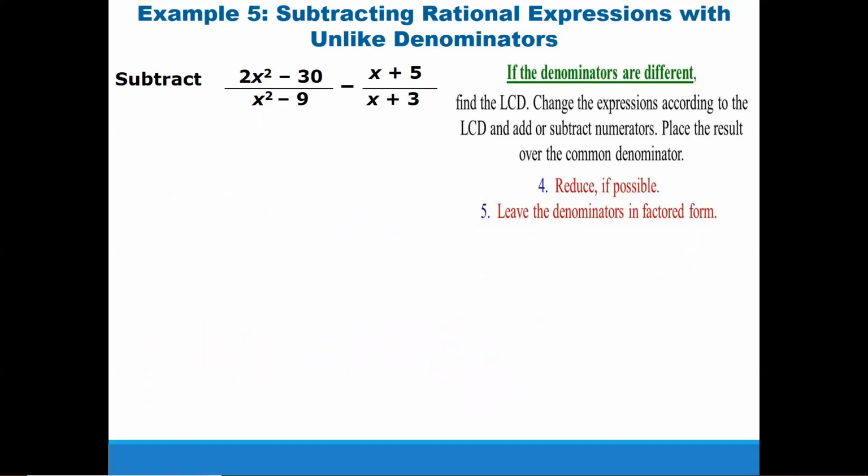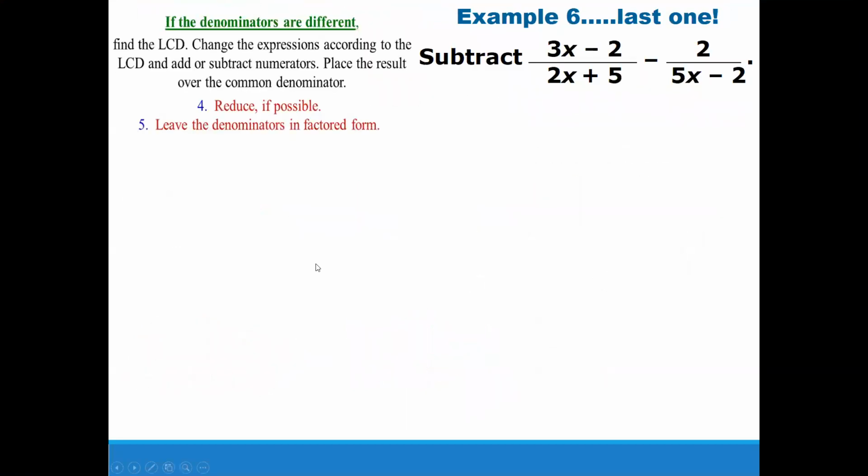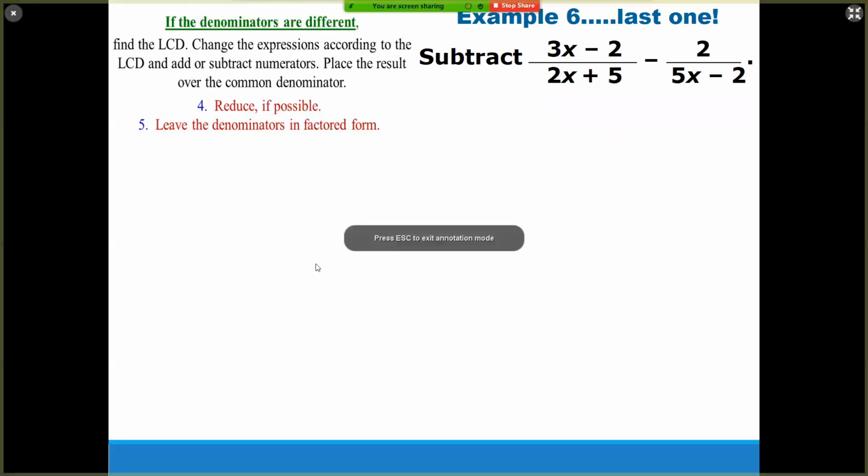Let's try another one. So looking here, does anything need factored? Do you have any x squareds or greatest common factors? No. So this time we're going to have to multiply both fractions because this and this make up your least common denominator.